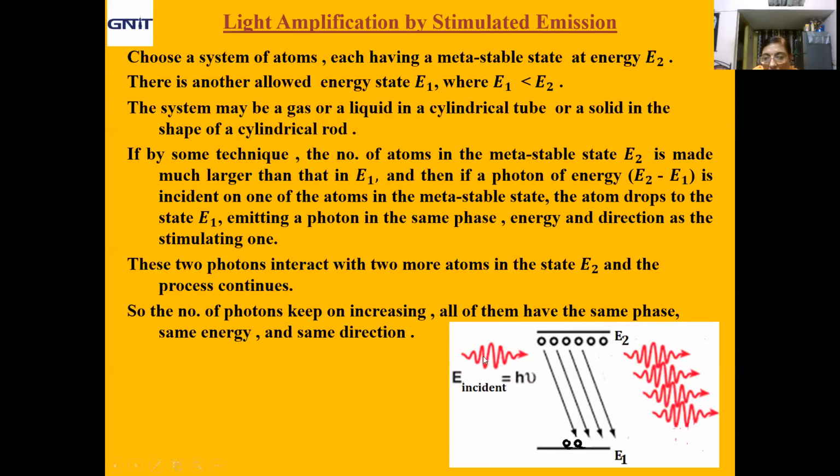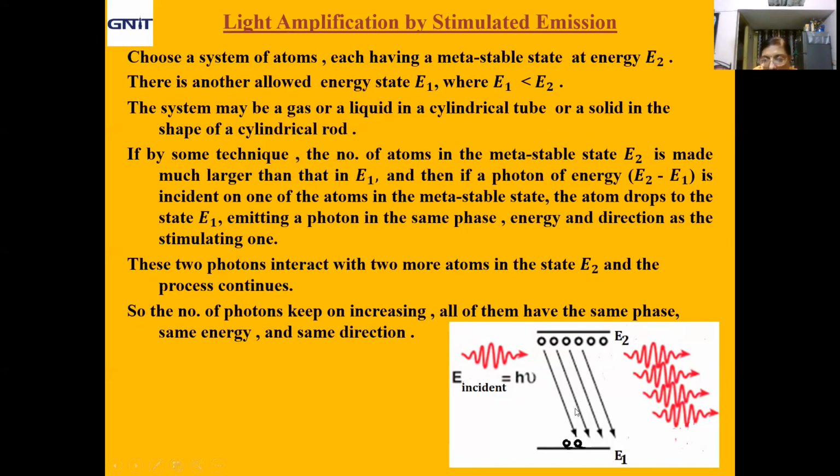Because you have started with one photon, then you are getting two photons, then you are getting two more, that means four photons. In the next stage, if these four photons are available to interact with four more atoms in the energy state E2, provided the population in the energy state E2 is made much larger than E1, then you will get four more photons to come out here. 4 plus 4.